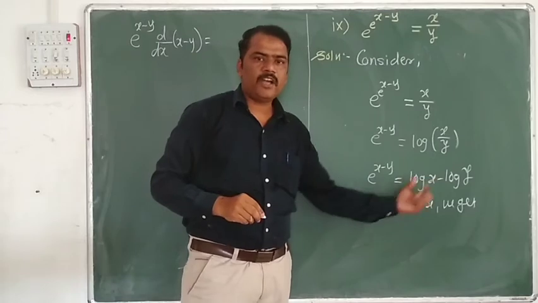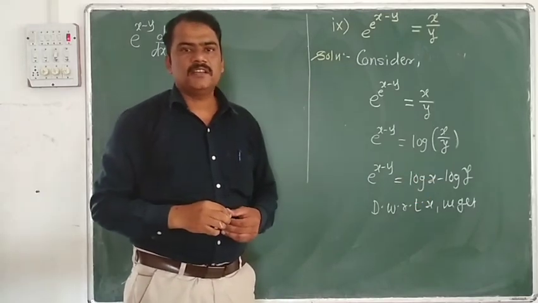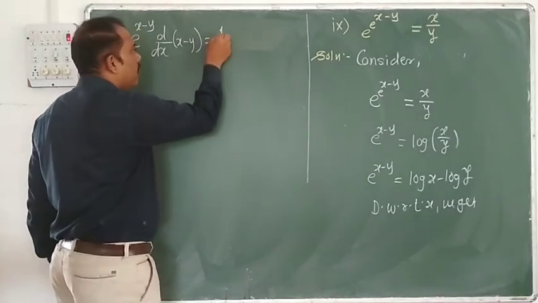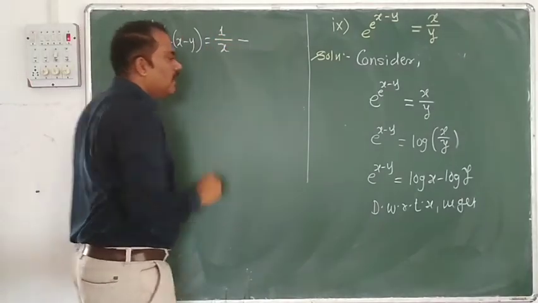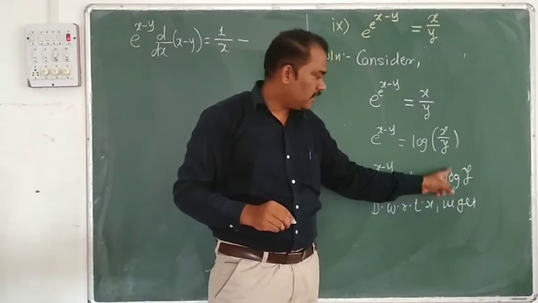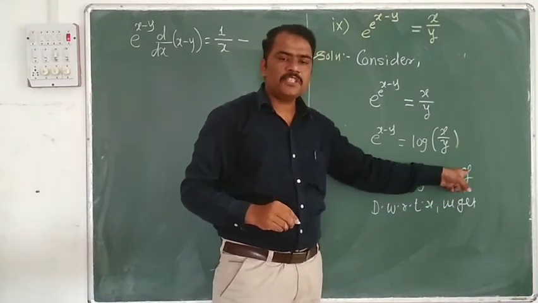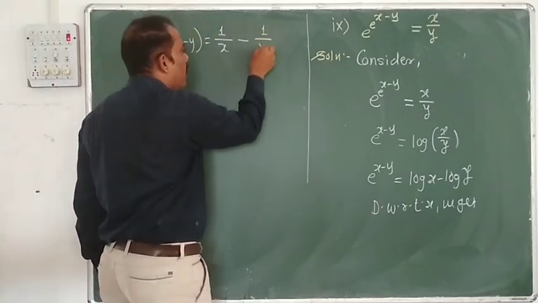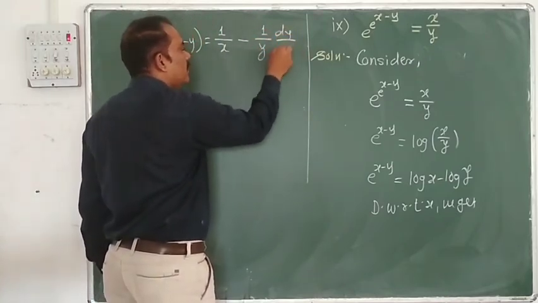What is the derivative of log x? Yes, correct. The derivative of log x is 1 upon x, minus, what is the derivative of log y? Yes, correct, 1 upon y. Then we take the derivative of y with respect to x, which is dy by dx. That is 1 upon y into dy by dx.